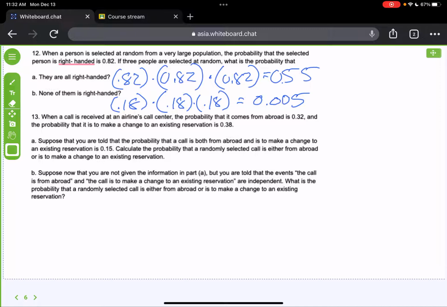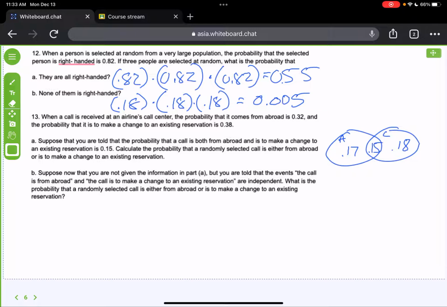If you think about this in terms of a Venn diagram, the center part is 0.15. So all we would have to do is subtract those. Call this abroad, and this is to change. So what is 0.32 minus 0.15? That would be 0.17. And then 0.38 minus 0.15 would be 0.23. So just abroad would be a 17% chance, and just to change would be 23%.